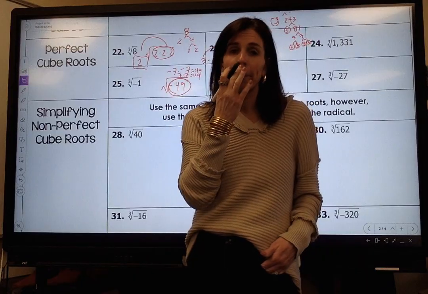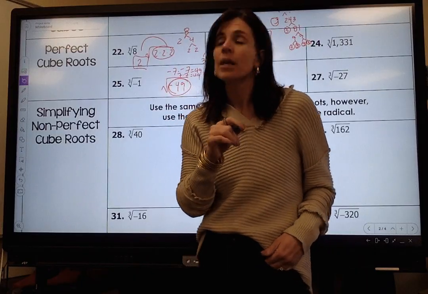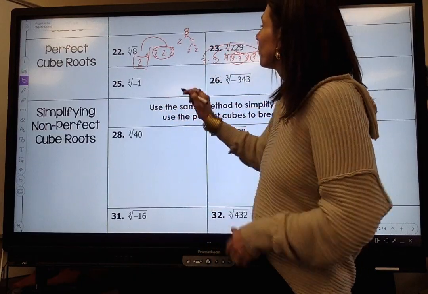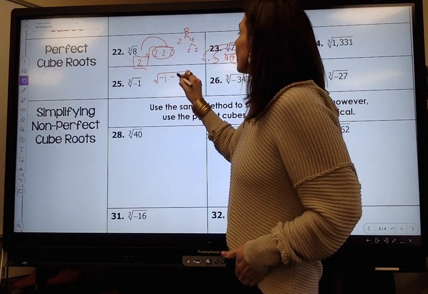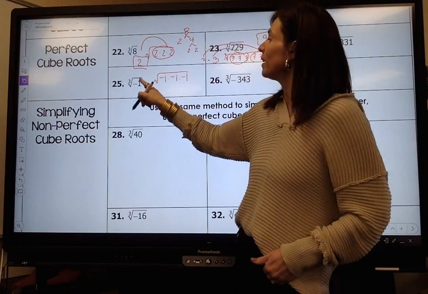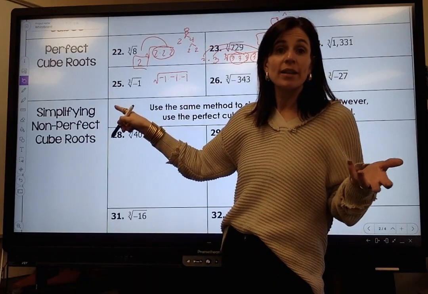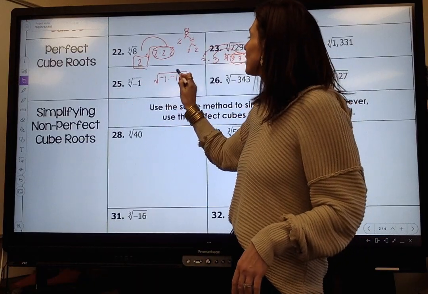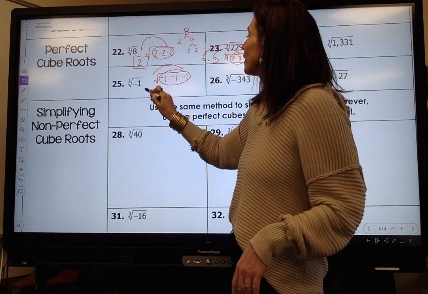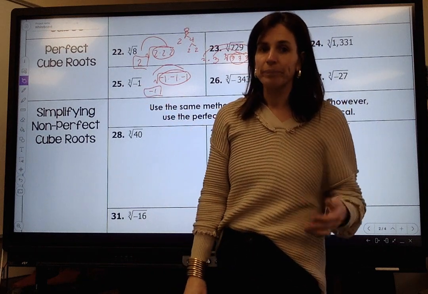It can't happen. A cube root, you can. Because a negative 1 times a negative 1 times a negative 1 is going to give you that negative sign. So in this case, my answer would be negative 1 is a cube root of negative 1.